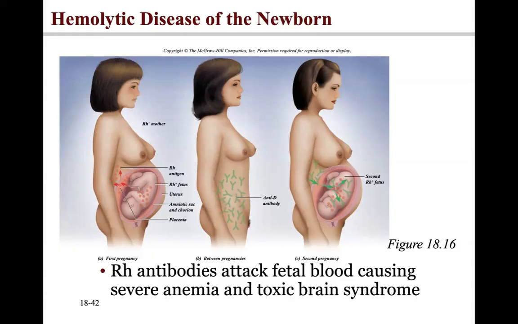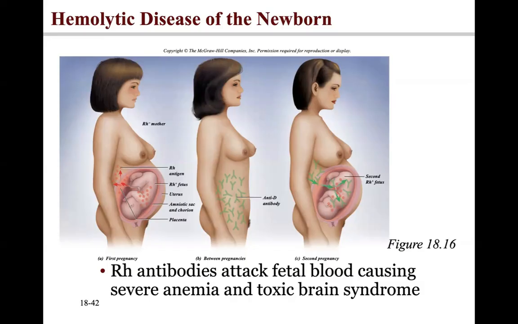So when she again has a child which is Rh positive, those antibodies that were developed during the first pregnancy will attack the child. Agglutination of red blood cells and hemolysis occur, and the baby is born with severe anemia. This is called hemolytic disease of the newborn, or erythroblastosis fetalis.